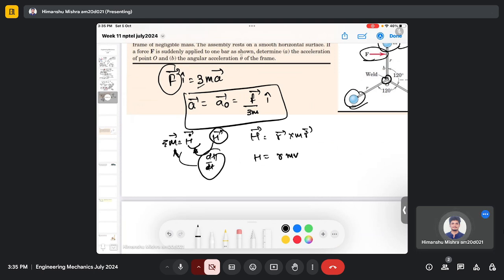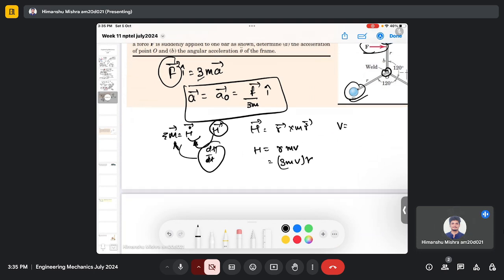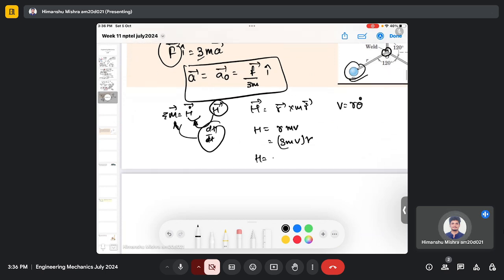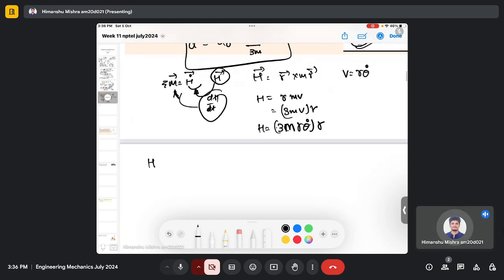Now there are three balls, which means 3m v r, and from the previous tutorial we use the velocity as r theta dot. So my angular momentum is 3m r square theta dot.